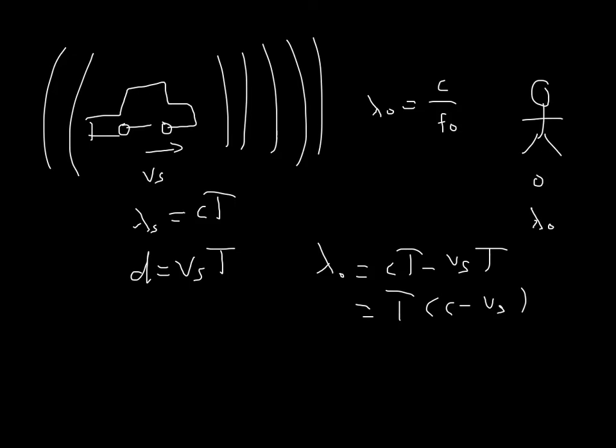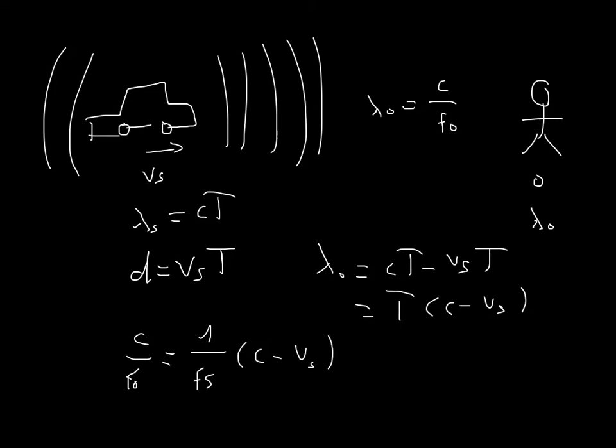So now all we need to do is plug this in here, and substitute T by 1 over fs for the source, and then we're done. So let's do this. We've got that c over the frequency measured by the observer equals 1 over the frequency measured by the source times c minus the speed of the source.